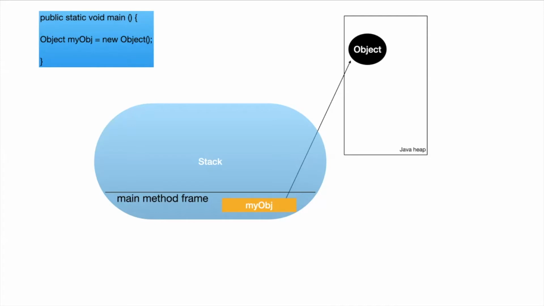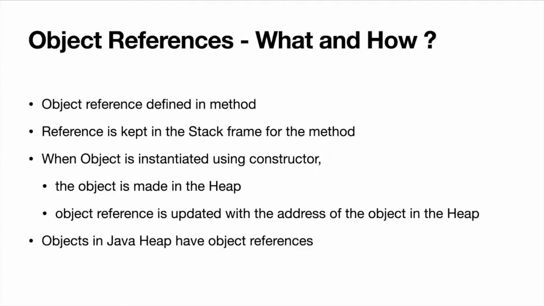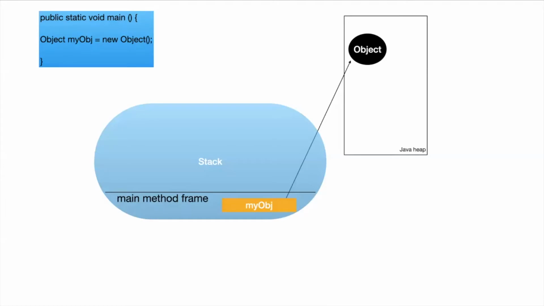What's happening behind the scenes is that the reference myObj is kept in the main method stack frame, and that reference is then assigned the object address. So when you call the constructor for the object class and you get an actual object, the reference to that object, which is in the heap, is stored in the reference in the main method stack frame.